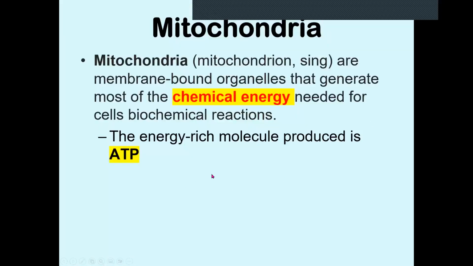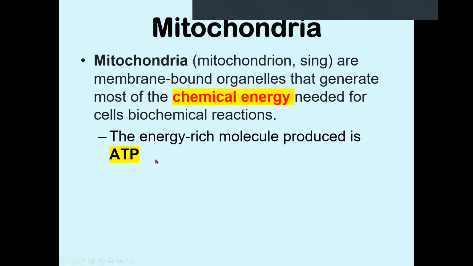Now, mitochondria, and a singular mitochondrion, these are membrane-bound organelles. All right, so they are made of membranes, and they generate virtually all, probably 99.5%, of our chemical energy, which we need for all our reactions.